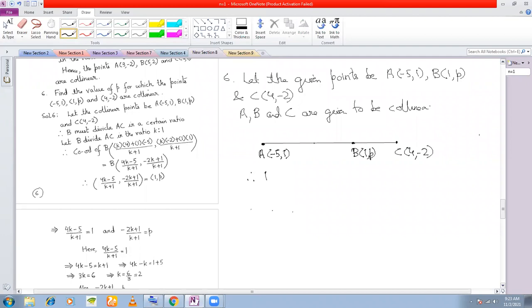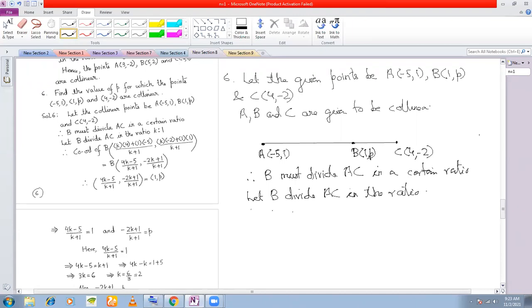Therefore B must divide AC in a certain ratio. So let B divide AC in the ratio k is to 1.